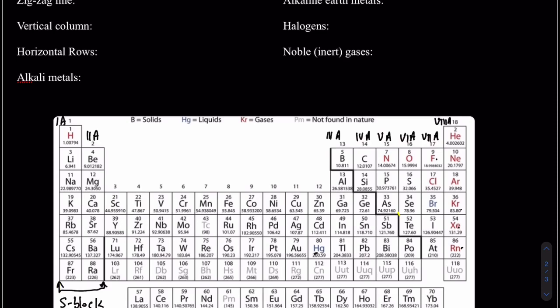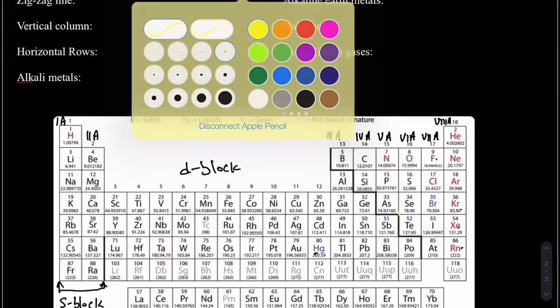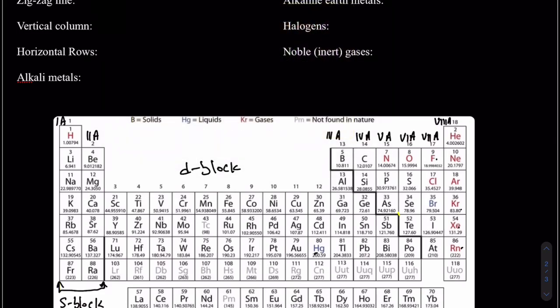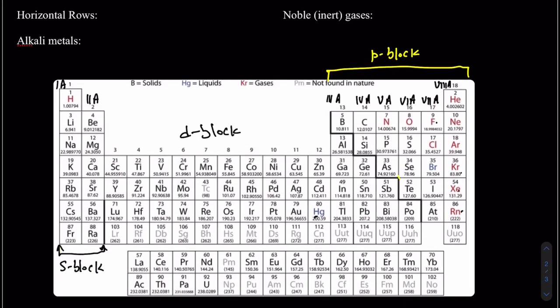Then this middle section between groups 3 to 12, I'll tell you what those are in a bit, is going to be called the D block. Then I have 13 to 18, those are the P block elements. And then on the bottom here, this is going to be called your F block elements.